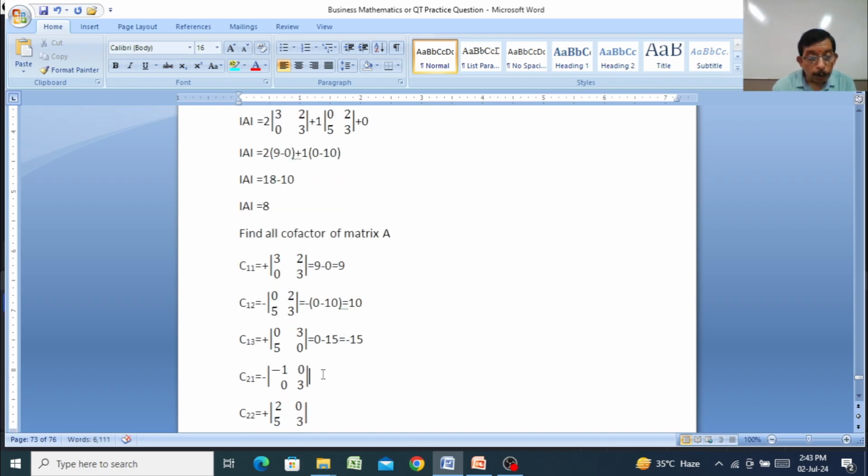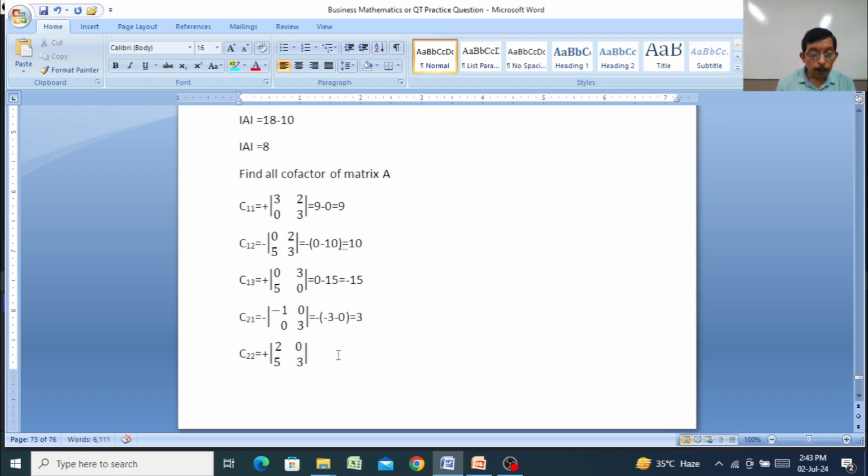Now the second row cofactors. C21 is equal to minus, bracket start, 3 times 1 is 3, minus 0, bracket close, result is minus, 3. Now C22 is equal to 2 times 3 is 6, minus 0, result is 6.